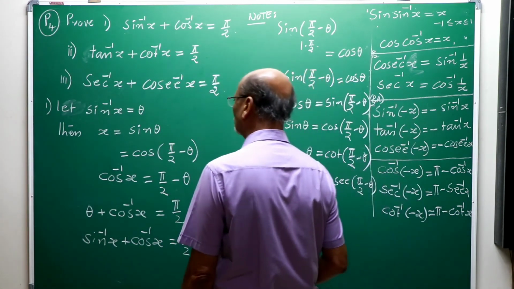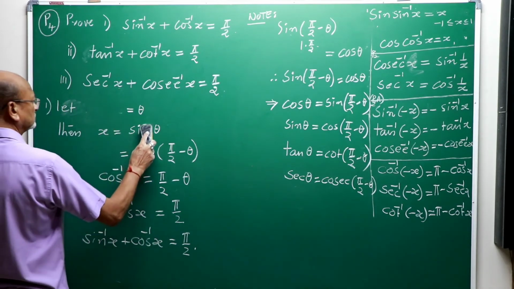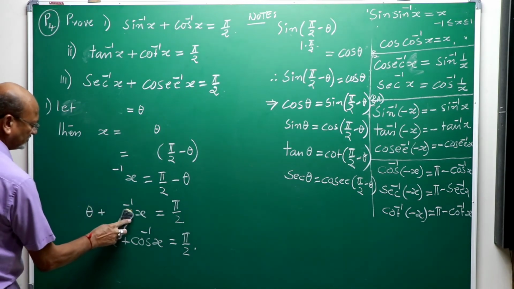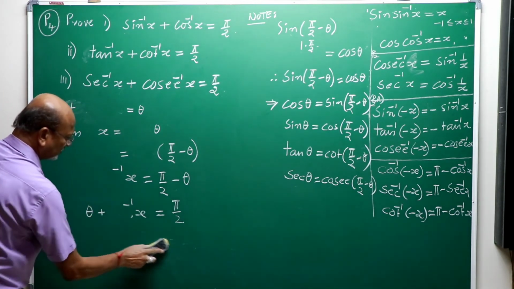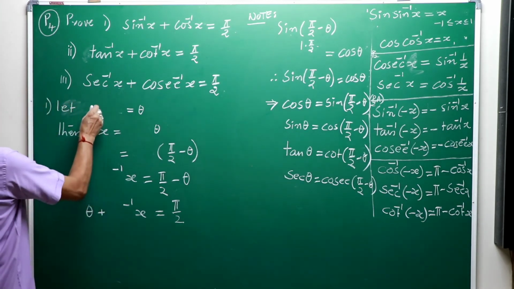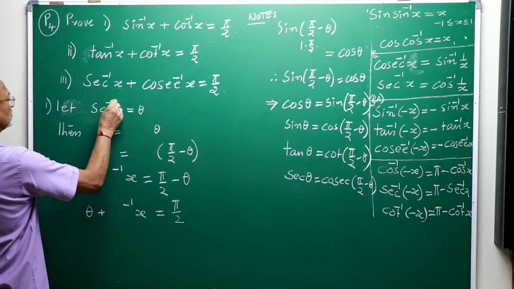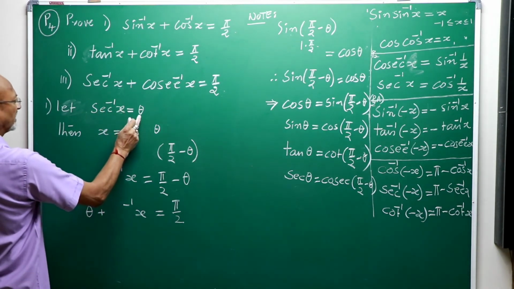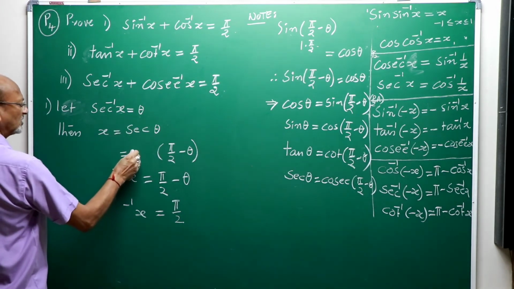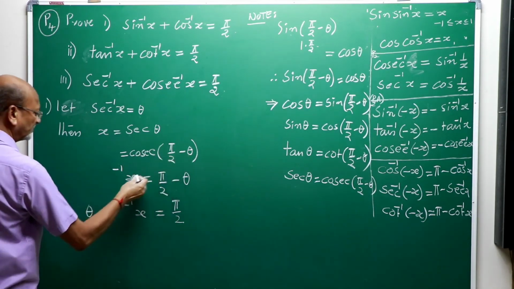About the third one. Let sec inverse x be theta. X is sec theta. We want to convert to cosec of (π/2 minus theta).